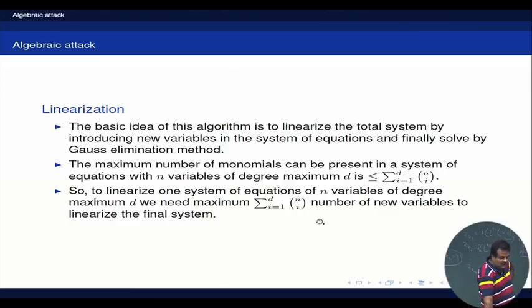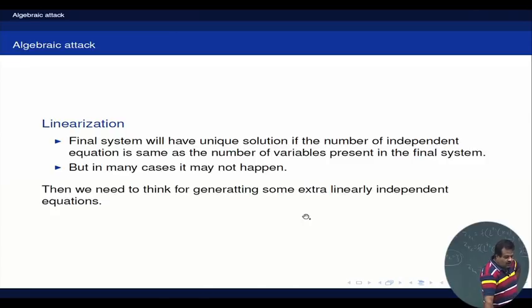This number should be controlled, because otherwise it will be a huge system and we may not get the solution. Then the final system will have a unique solution if the number of independent equations is the same as the number of variables present in the final system. So that matrix has to be invertible, but in many cases it is not. Then we need to think of generating some extra linearly independent equations.